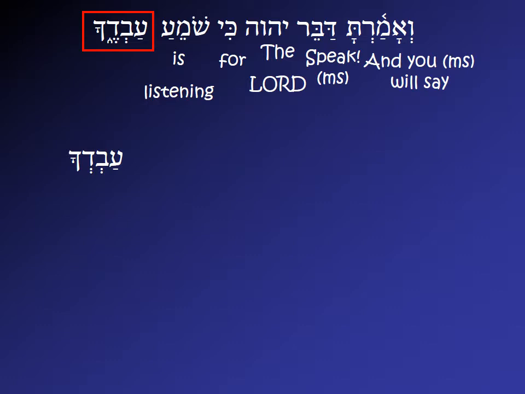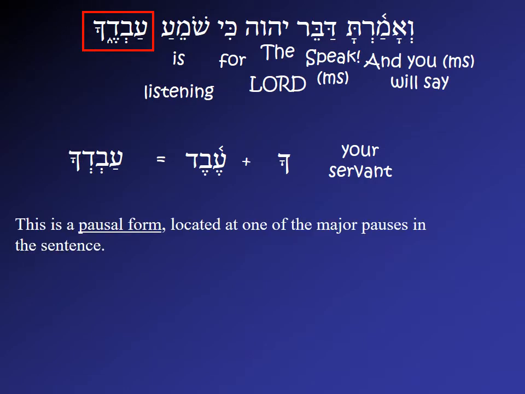Okay, before we can talk about our form avdecha, we need to talk about this form avdecha. Avdecha is simply eved plus kha, second masculine singular possessive suffix. This means your servant. Now, this form is not exactly the same as our form, avdecha versus avdecha. And you'll also notice that the form in the sentence has this little mark next to the vowel.